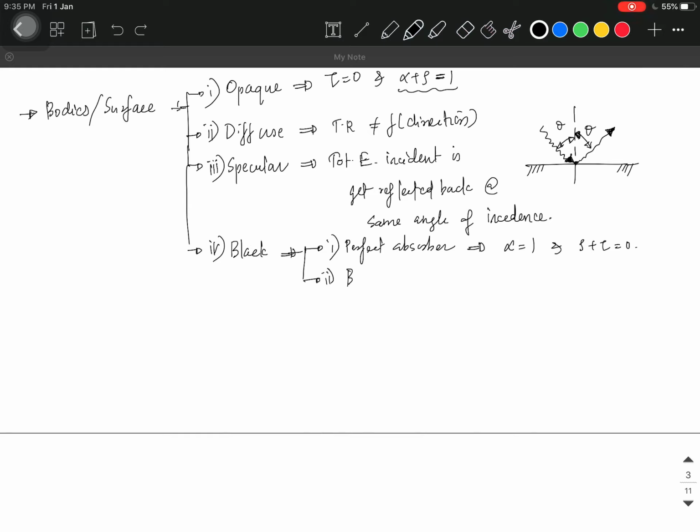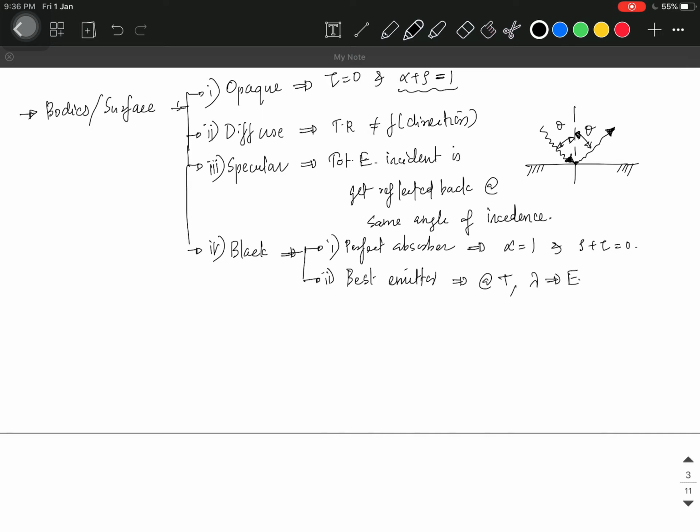And the second characteristic is that it is the best emitter. Best emitter means that at a particular temperature T, for the thermal radiation lambda, this black body will have the best emissive power compared with all the other actual surfaces or bodies at the same temperature for this particular lambda.